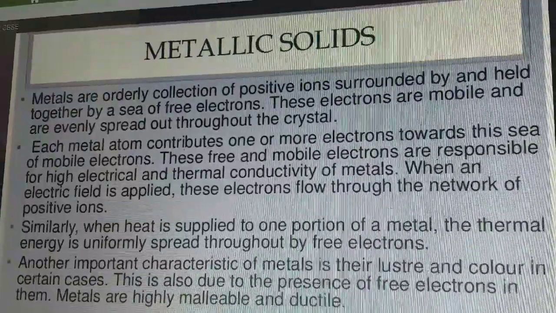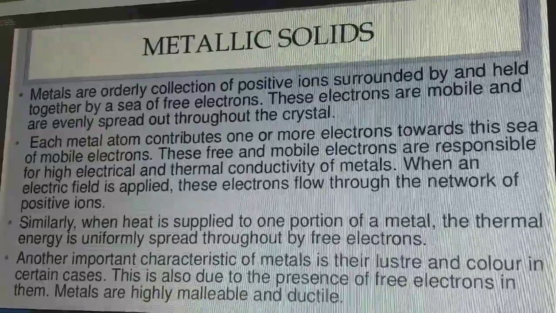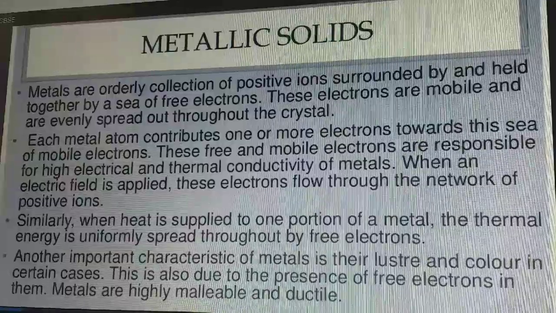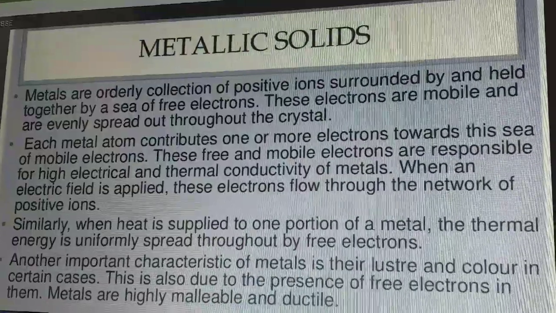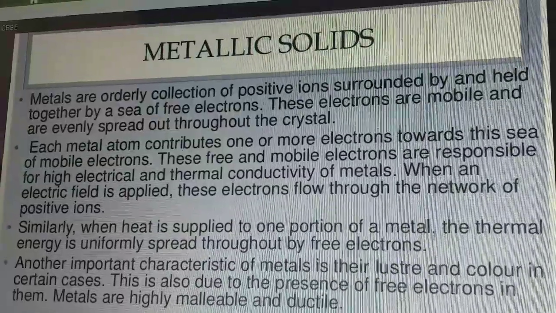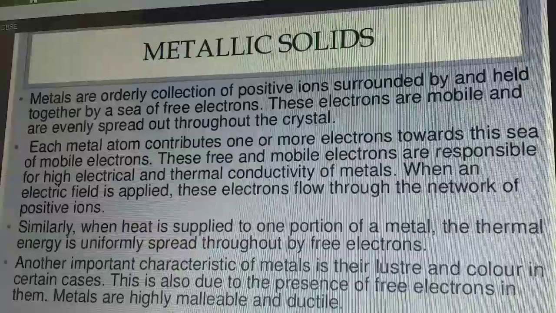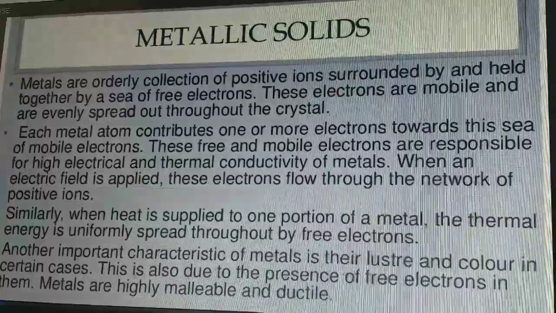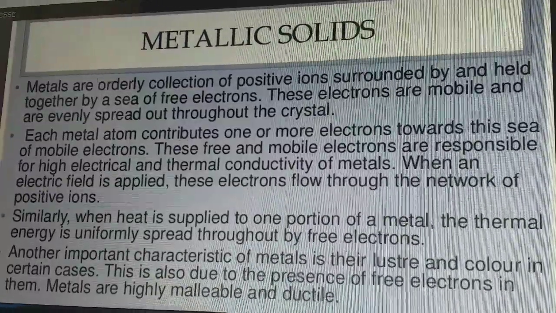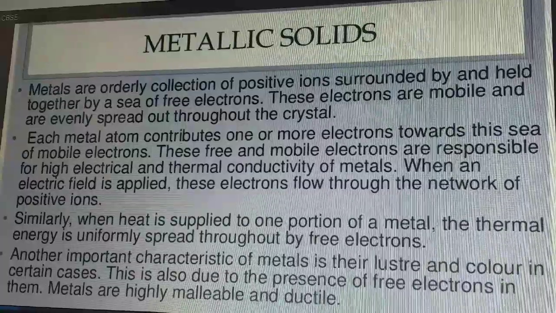You know very well, metals are lustrous and they are colored in certain cases. This is also due to the presence of free electrons in them. Metals are highly malleable and ductile. You know the meaning of malleability and ductility. Malleability means it can be beaten into sheets.